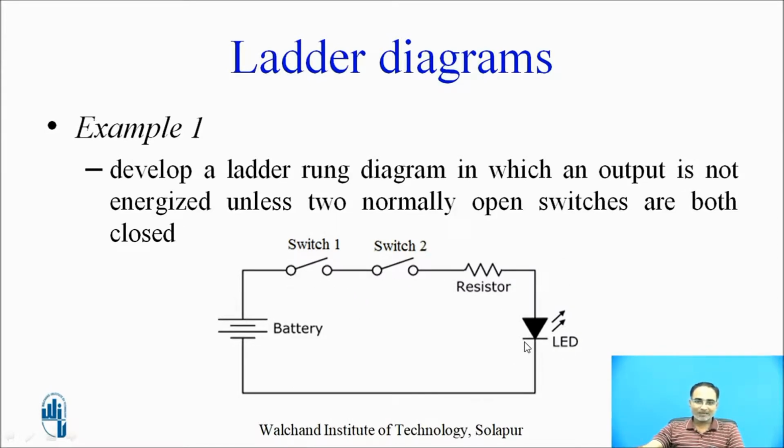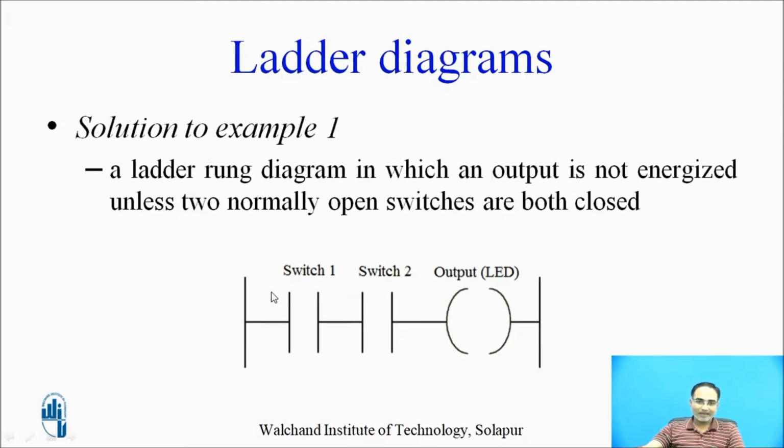In a ladder diagram you will see that between these two power rails, two switches and this output coil are all connected in series. So whenever switch 1 is energized, you will observe that there is still no connection between these two power rails. The LED, or this load, will remain off.